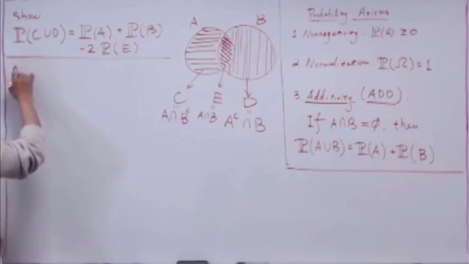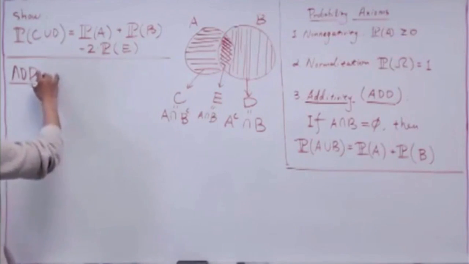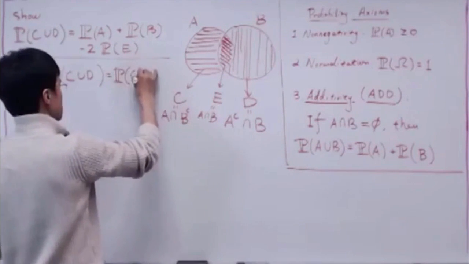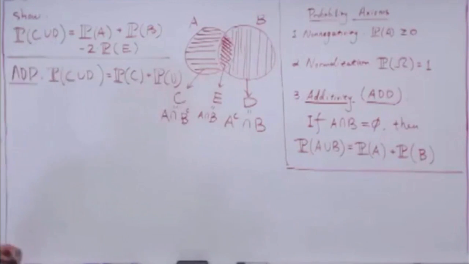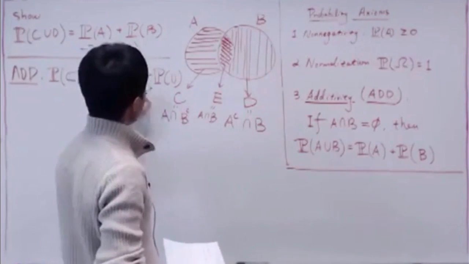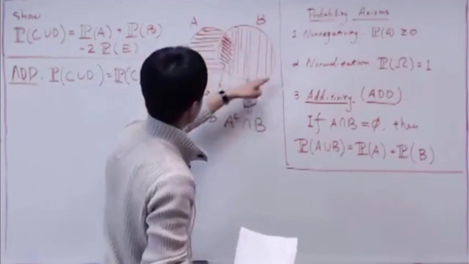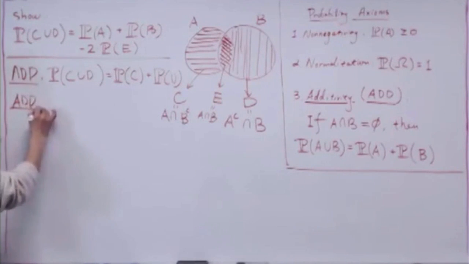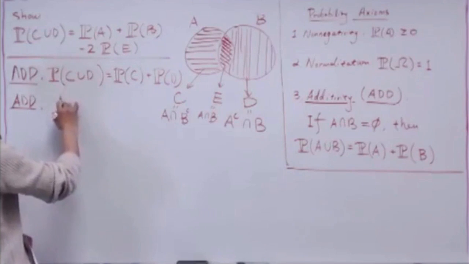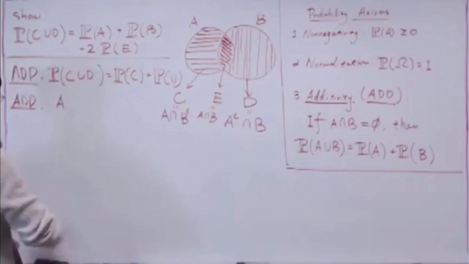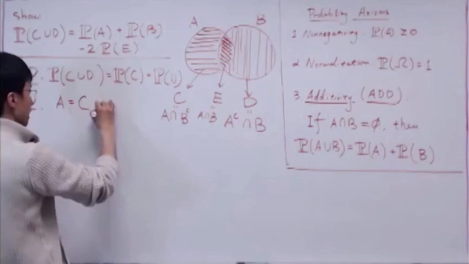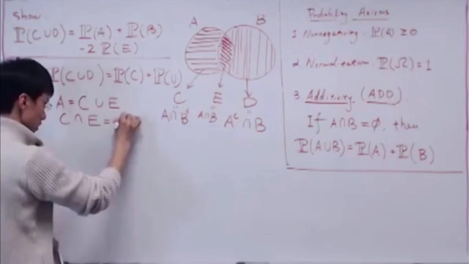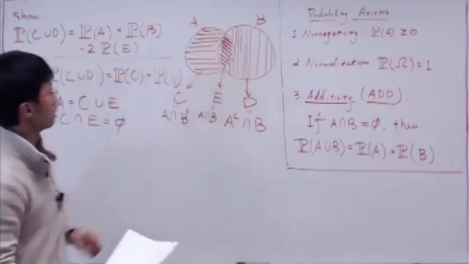Let's get started. First, we'll invoke the additivity axiom to argue that the probability of C union D is simply the sum of the probability of C plus the probability of D. Why is this true? We can apply this axiom because the set C here and the set D here are completely disjoint from each other. In a similar way, we'll also notice the following. We see that A is equal to the union of the set C and E. And C and E are disjoint, because by definition they don't share any points.